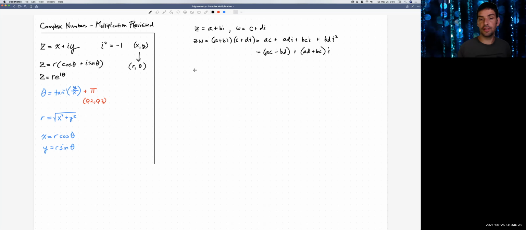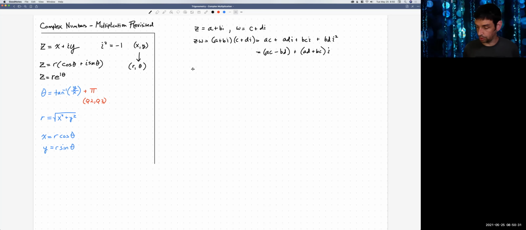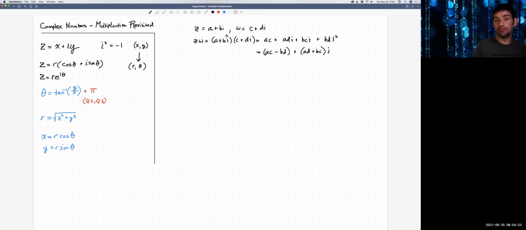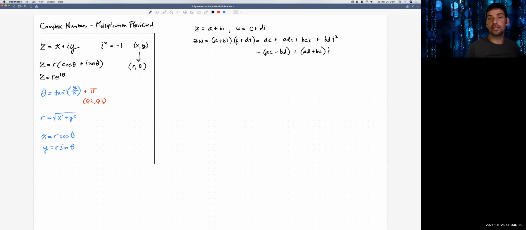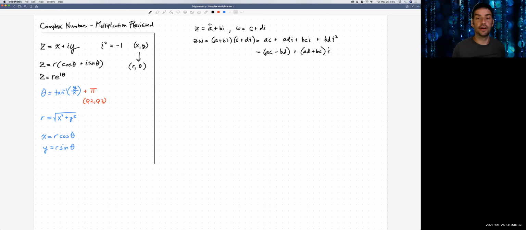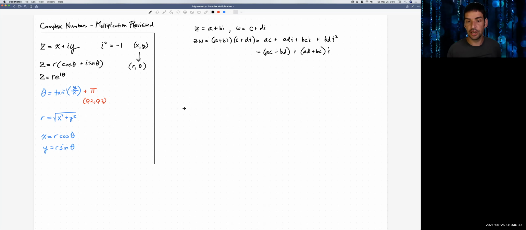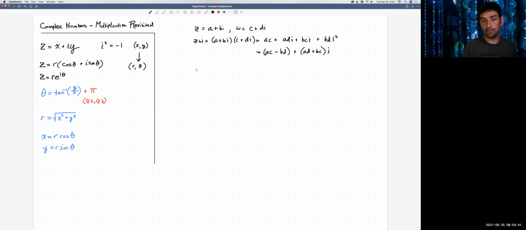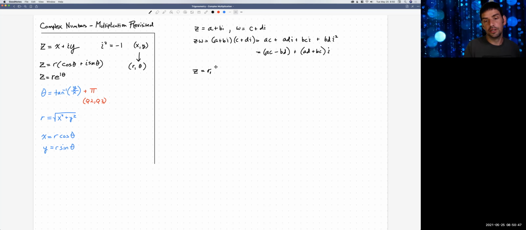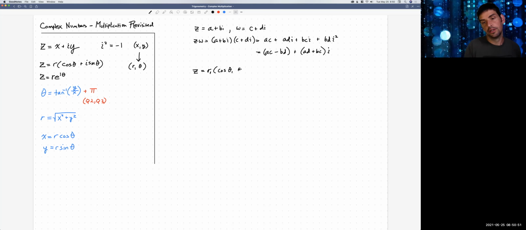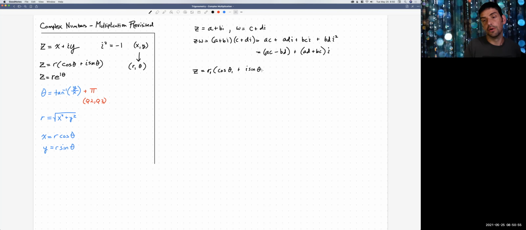Let's look at this same thing in polar coordinates, right? So if we were given these two complex numbers, a plus bi and c plus di, we could convert them to polar form, and we would write z as r1 times cosine theta 1 plus i sine theta 1.